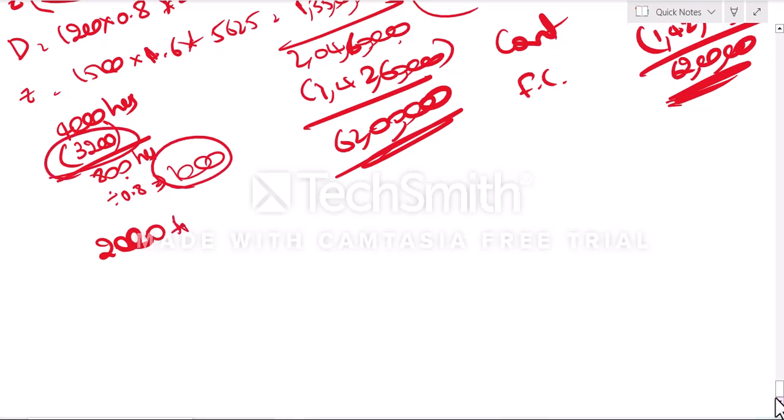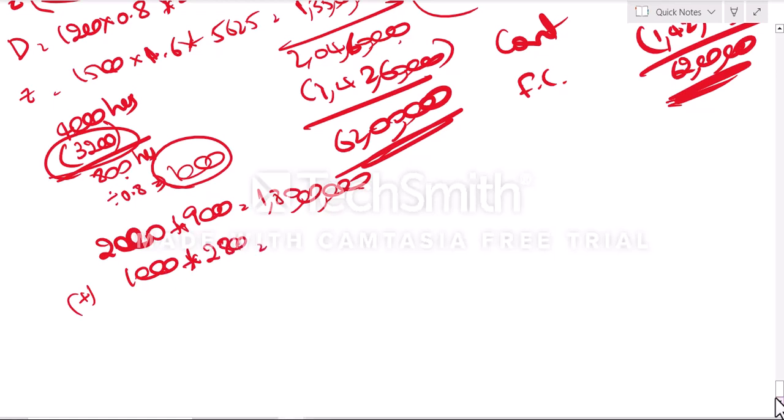So 2000 into the contribution 9000, 1 crore 80 lakh, plus the contribution of D. 1000 units we must have produced, and the contribution is 2800. So 1000 into 2800, 28 lakh. Add that, 2 crore 8 lakh.